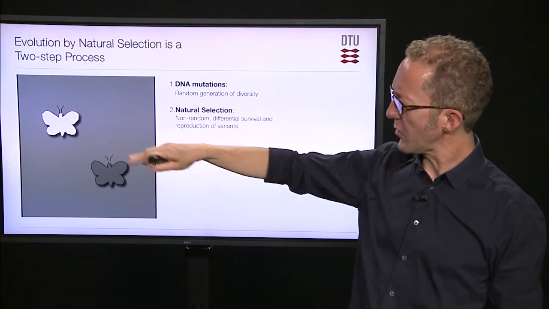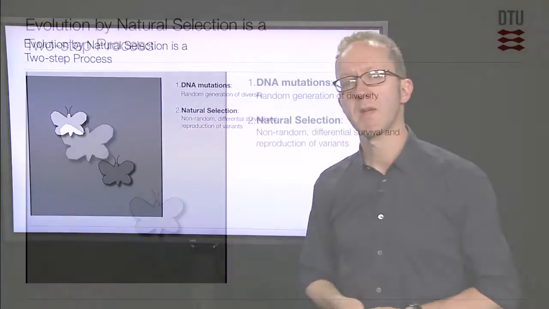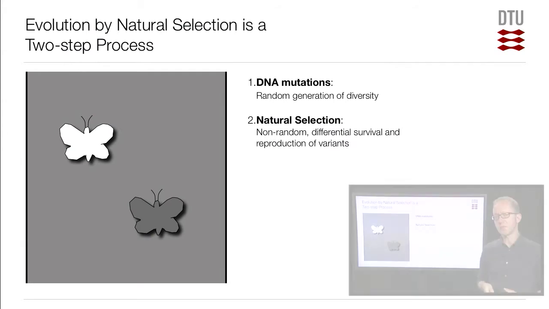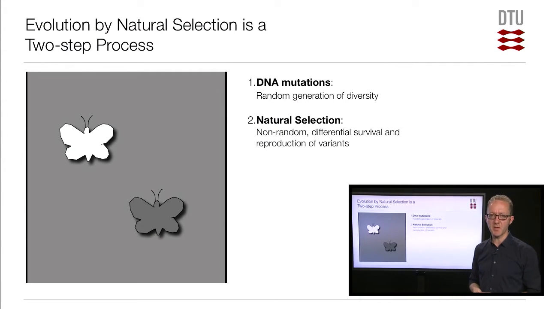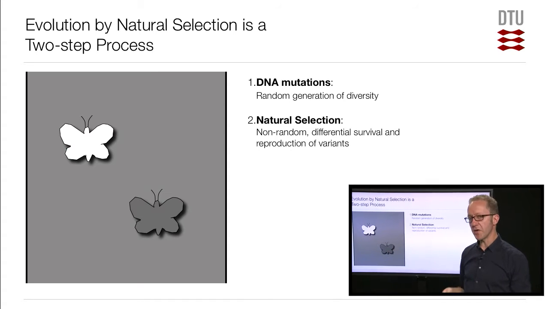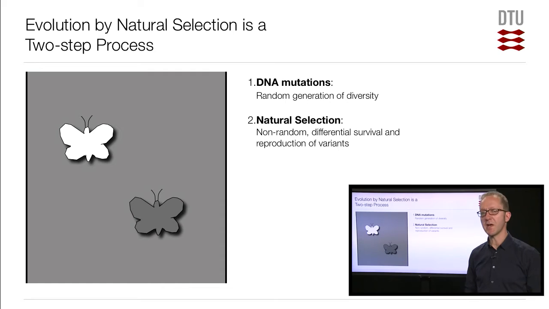Birds will fly down, spot one of these white butterflies on the tree and eat them. So imagine that at some point in time there's a point mutation in the DNA, a single nucleotide is changed perhaps, and that single change causes the wing color of the butterfly to now be much darker, like the second butterfly I've indicated at the lower right here.